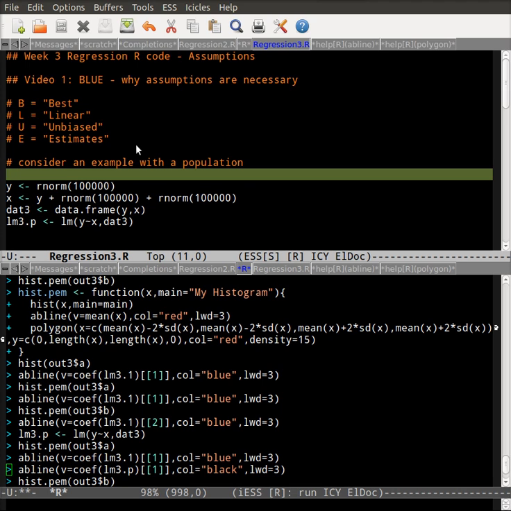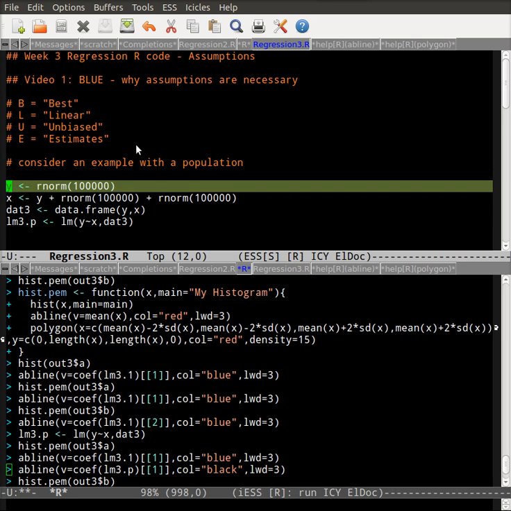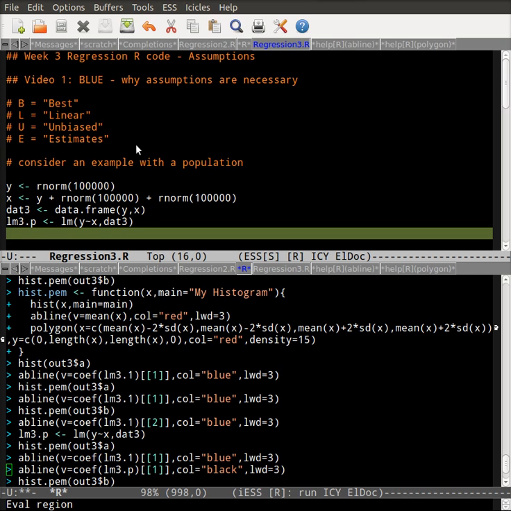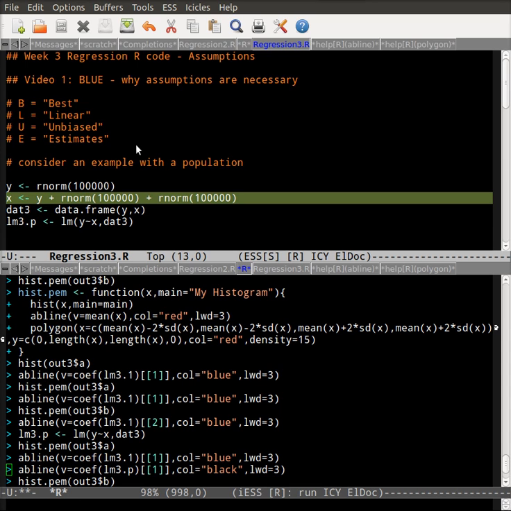First, without any hesitation, I want to create a population. I'm just going to create two variables, x and y, from a population of 100,000. You can see here the relationship should be two parts error to one part signal for x.